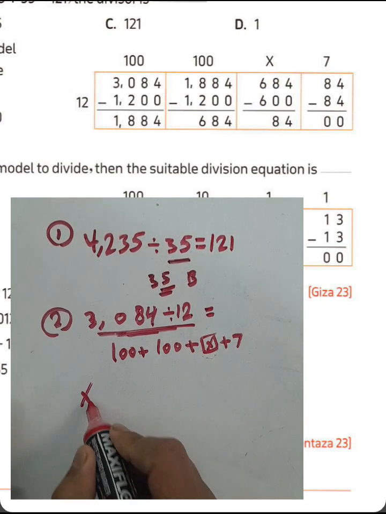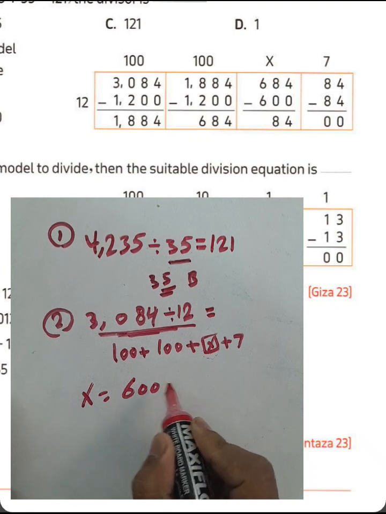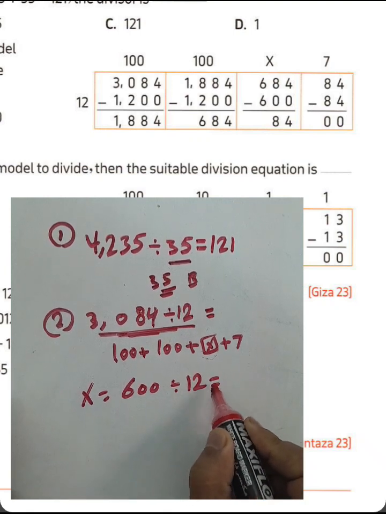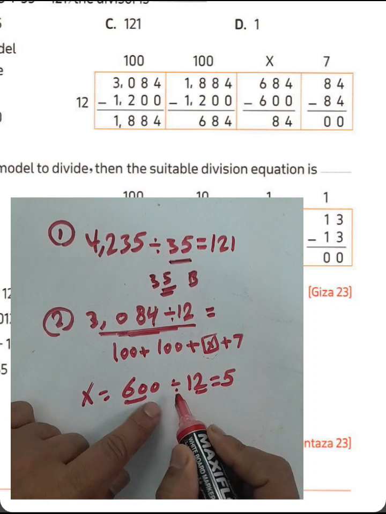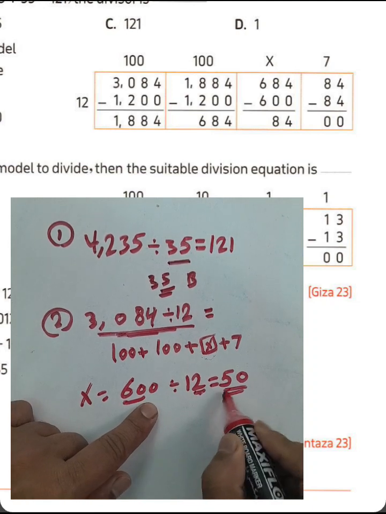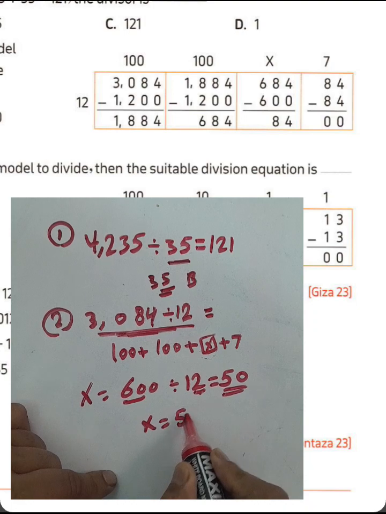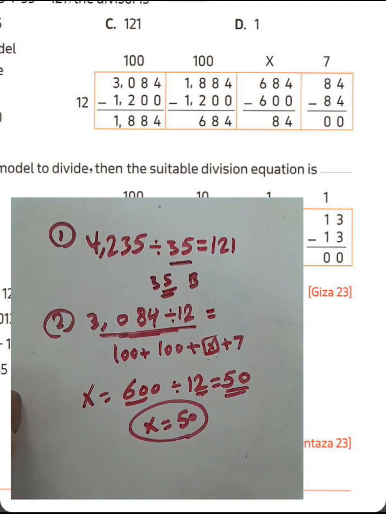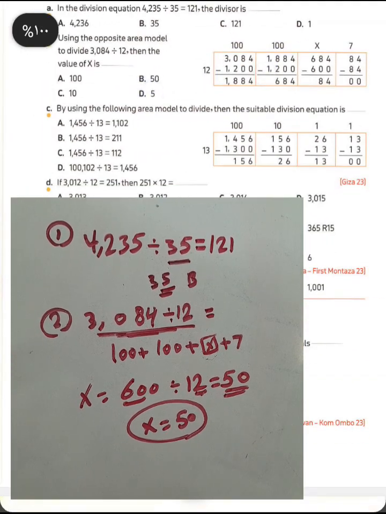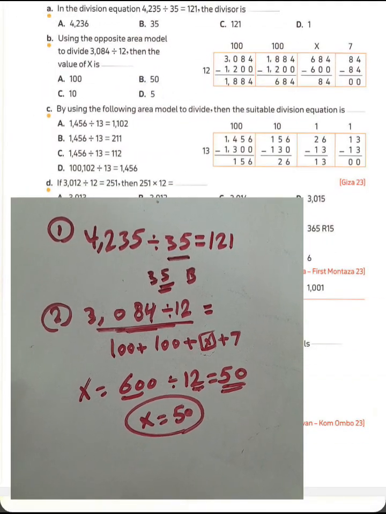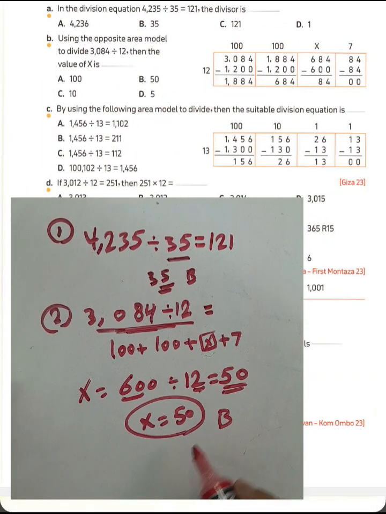Then x will be 600 divided by 12. We know 60 divided by 12 equals 5, and 0 divided by 12 equals 0. Then x here will be 50. The value of the unknown variable x will be 50. Choose letter B for question number 2.